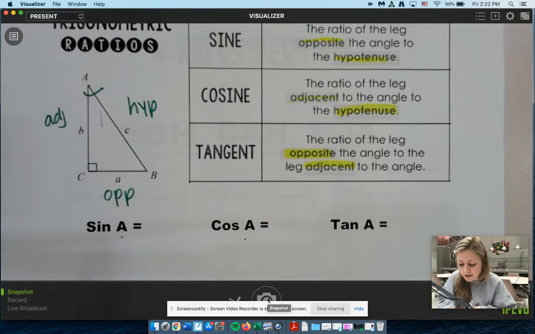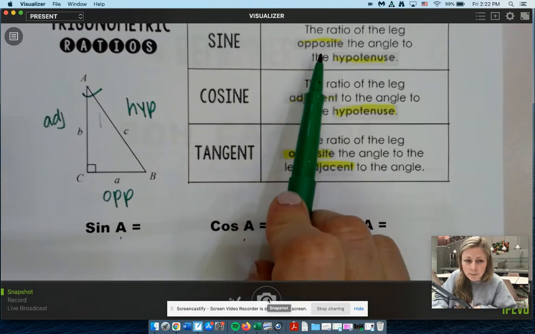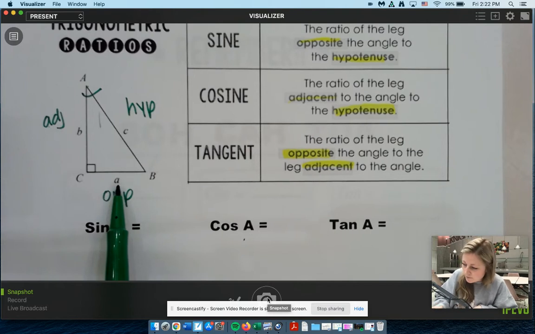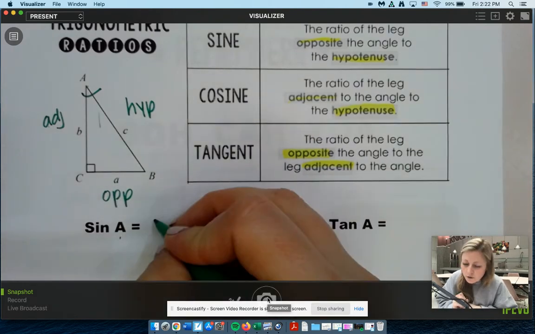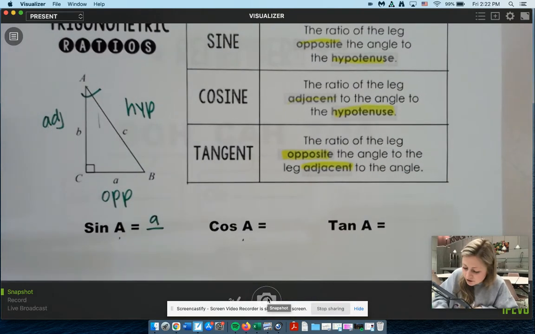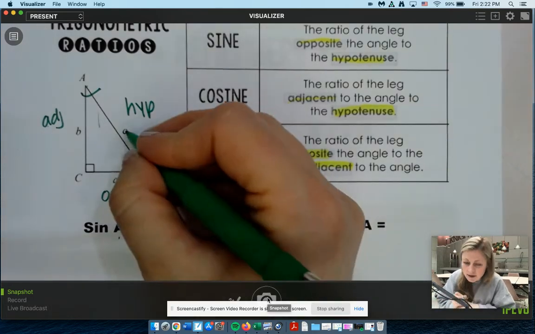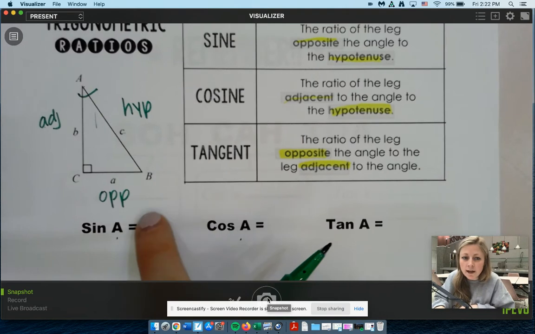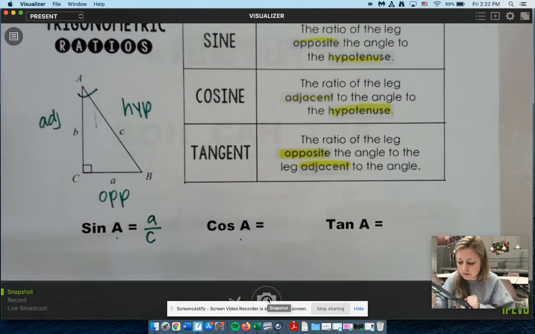So let's practice here. It says sine of A. Sine is your opposite over hypotenuse. So if I look here, my opposite leg is just a little a. So I'm going to put A over my hypotenuse, which is C. And that's it. This is kind of confusing because it's not numbers, but we'll have numbers here and it will make more sense.